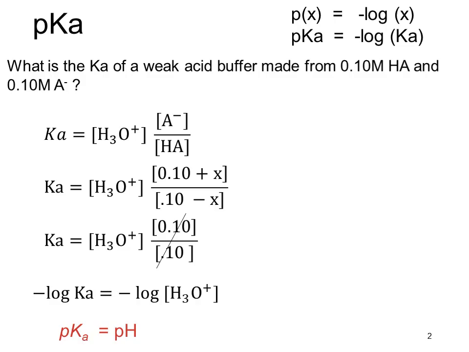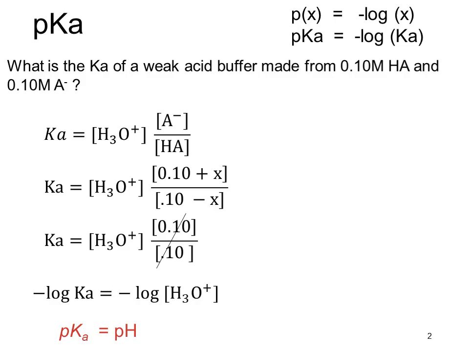So if we just assume those concentrations are the same, we end up at the point where the Ka is equal to the H3O plus. Now, if we just take the negative log of both sides, we end up with the pH is equal to the pKa under those conditions where we have equal amounts of acid and conjugate base. So that's also going to be the best place for a buffer to work.